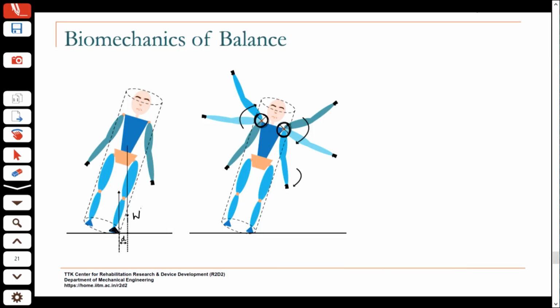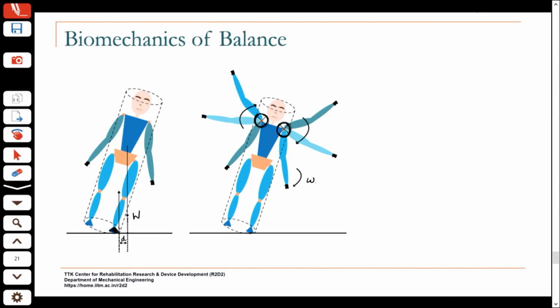Now, let me write the angular momentum of this system. Let us say the initial angular velocity was 0, but now let me say that the whole body has an angular velocity omega b about this point about which you are toppling, and I am now rotating my arms about the shoulder with an omega a.